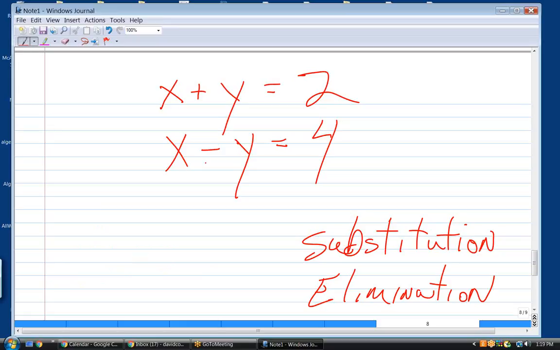So, the way we're going to solve this is by adding the two equations, and we're going to utilize this method, elimination. What eliminate means is that one of the variables is going to disappear. We're going to eliminate it. So if I add these two equations, what do I have on the left side? 2 plus... What's x plus x? 2x.